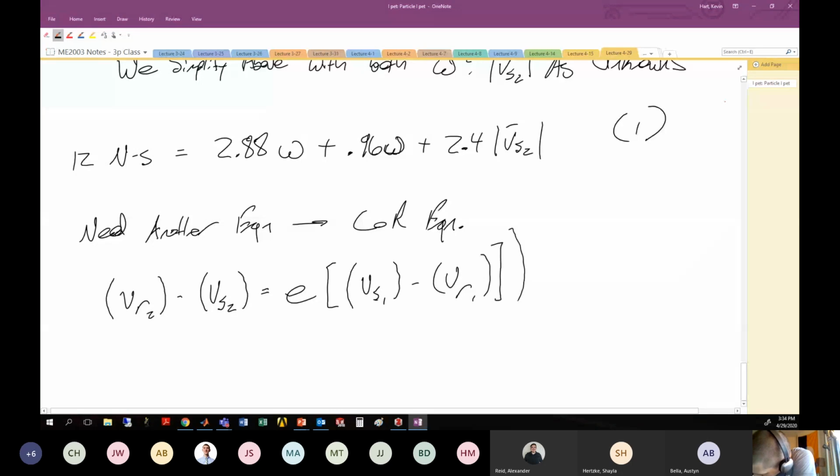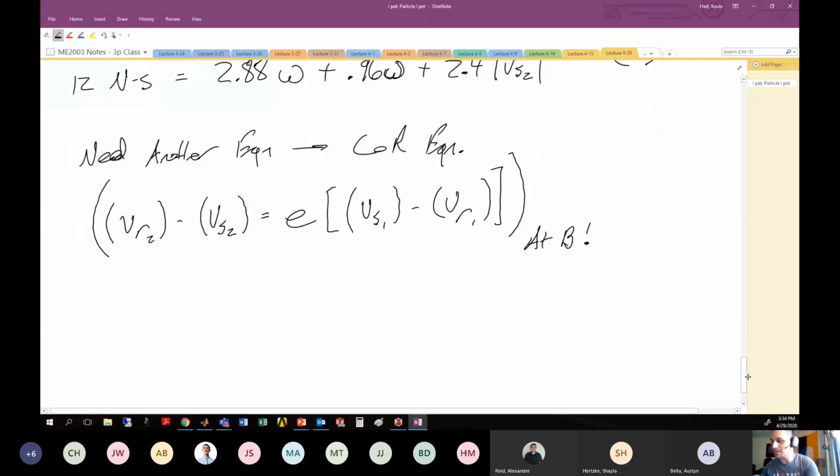And this specifically applies at B. This is very important. B is the location on the rod where the sphere hits the rod. So we must do our particle analysis right on the particles where this is occurring. It's specifically the case that we're looking at the velocity before and after impact of both the rod and the sphere right where they hit each other. So let's define some of these things.